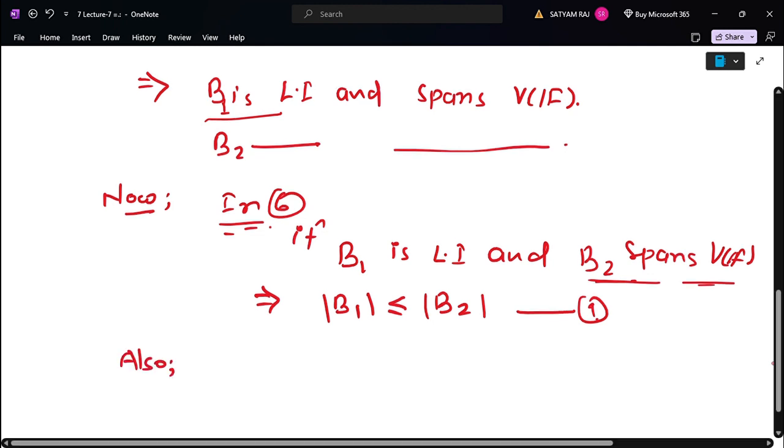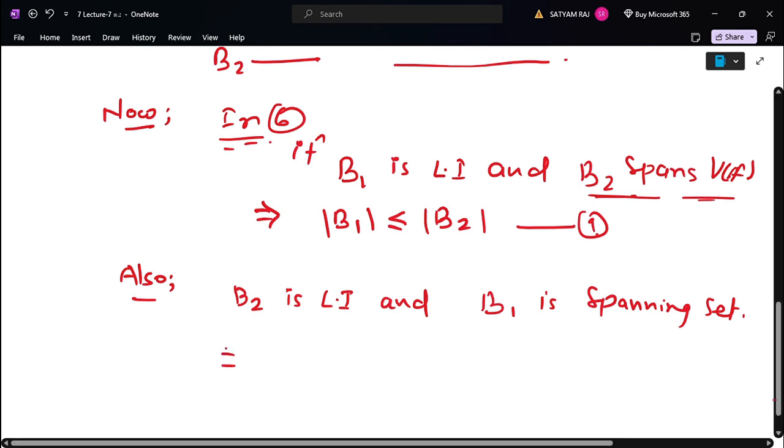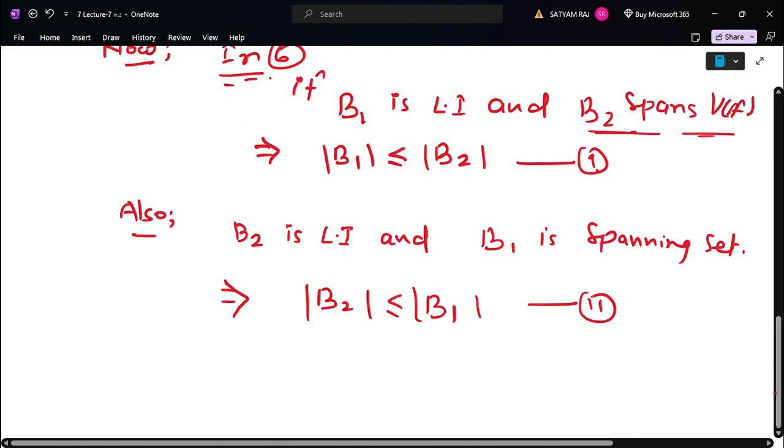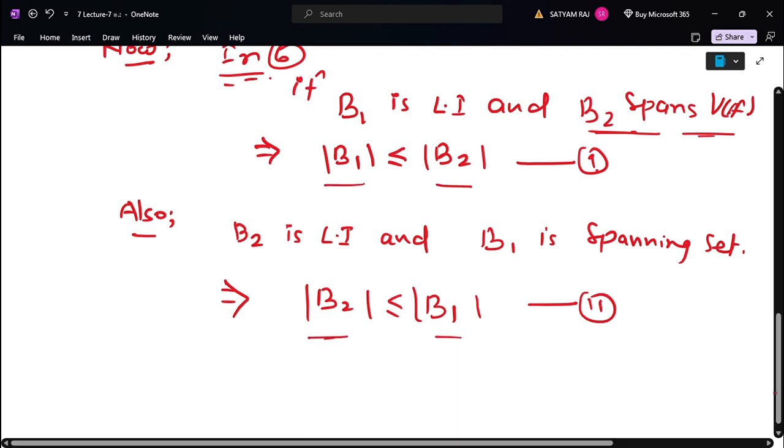Also, B2 is linearly independent because B2 is a basis, and B1 is a spanning set because it is also a basis. The same argument will imply the cardinality of B2 is less than or equal to the cardinality of B1, from 2. So now from 1, the cardinality of B1 is less than or equal to the cardinality of B2, and the cardinality of B2 is less than or equal to the cardinality of B1.